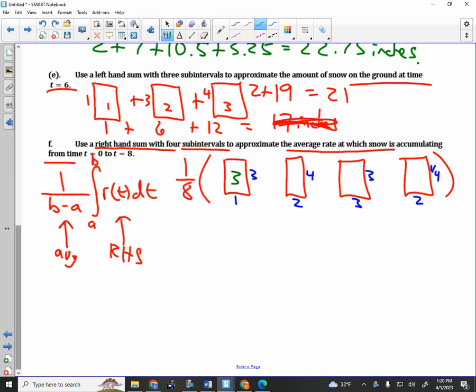The area would be 3, 6, 9 and a half. 3 plus 8 plus 9, 20, 20 plus a half. So we've got 1 over 8 times 41 over 2. It's 20.5, or 41 over 2, and we get 41 over 16.